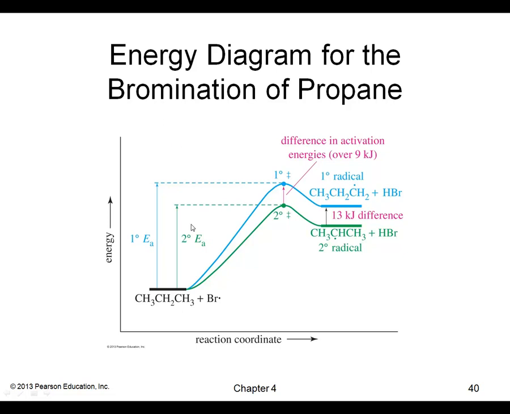Here's the energy diagram. We see that in order to form the radical, it takes more energy for the primary than the secondary, but note the energy difference this time. It's higher compared to the chlorination case.